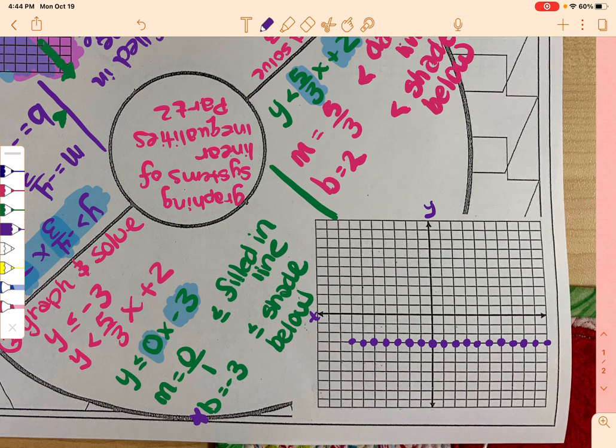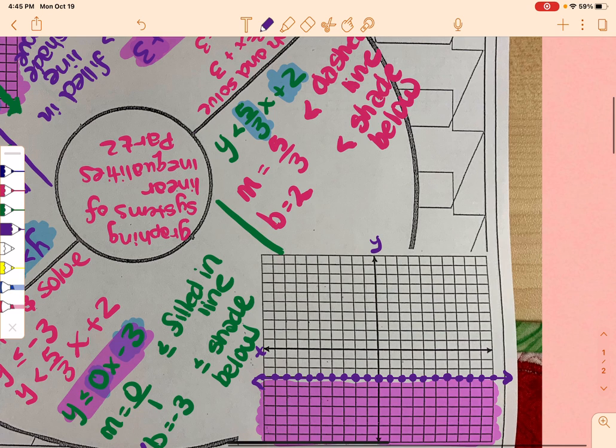It's a flat horizontal line because it never goes up or down. Okay, now we know this is a filled in line. And I know when I go to graph this, I'm going to shade below. So that's down here. Notice I did color code my inequality so I know which one goes with this.